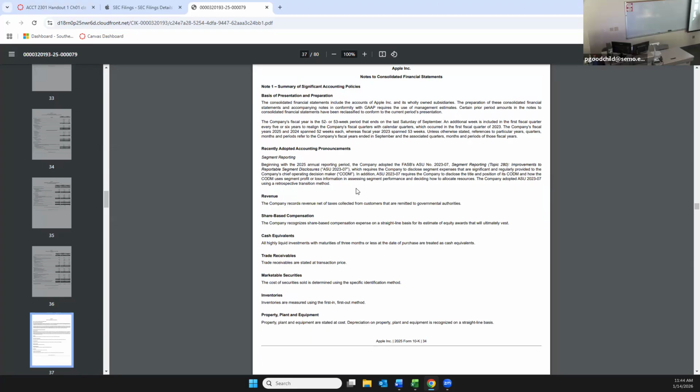Keep in mind that when you do this, it's going to shoot you all over the place. I know geography-wise where I need to go, which is why I didn't Control F it. But if you need to, you can as well. This takes you to Note 1, a summary of accounting principles, and they will tell you how they treat each of their assets and their important liabilities.